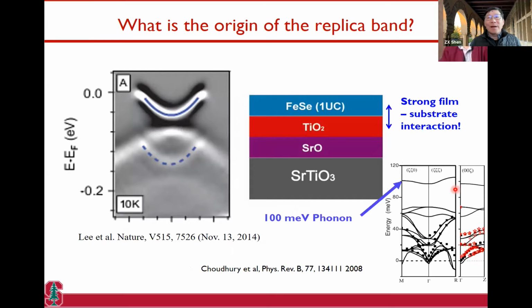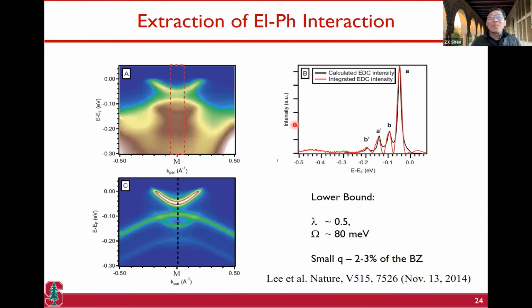And the interpretation is this replica really is a coupling of the interface phonon with the strontium titanate phonon. In this case, it's almost 100 millivolts. So they suggest that there's strong interaction between the film and the substrate.